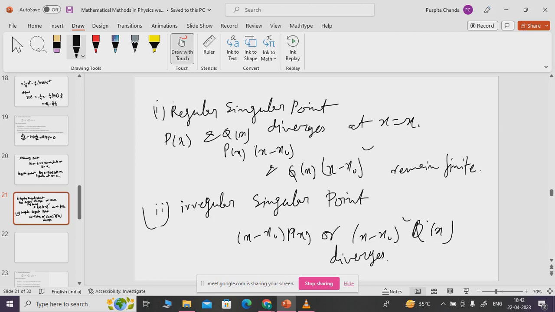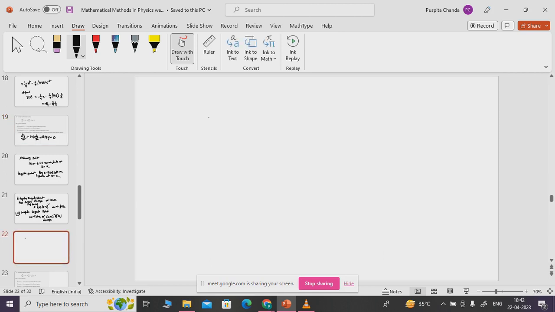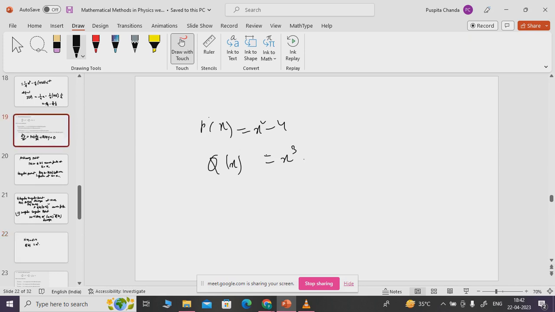So by seeing this, we can say what p(x) and q(x) are here. Here p(x) is x² − 4 and q(x) is x³. At x₀ = ±2, p(x) does not diverge.